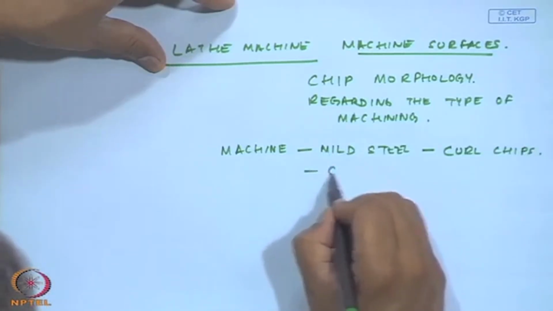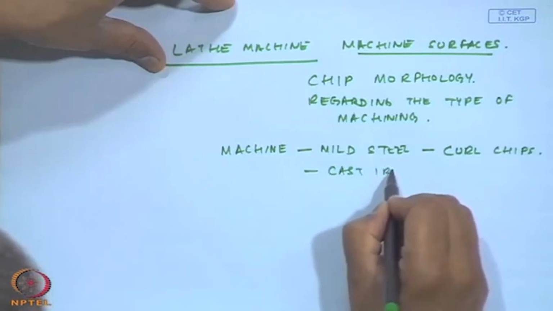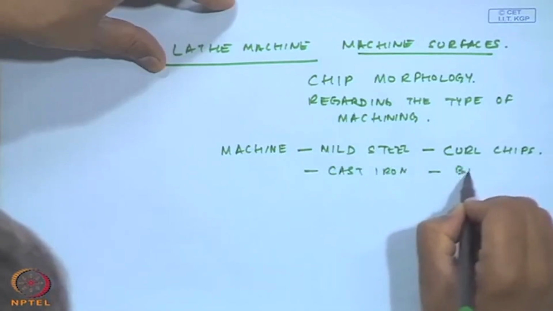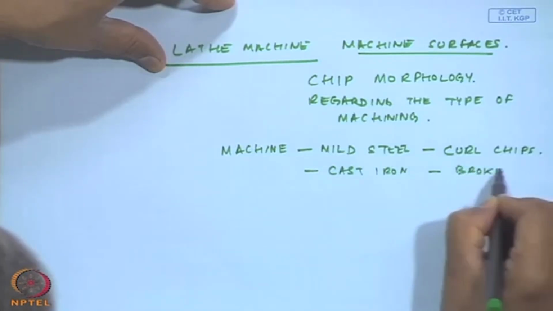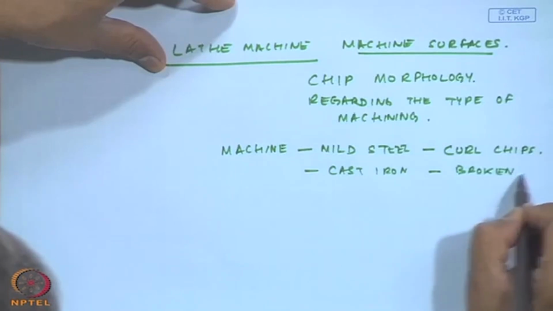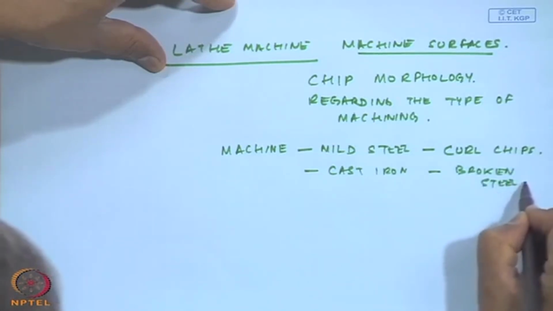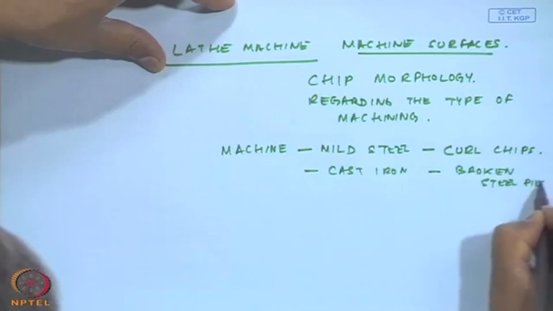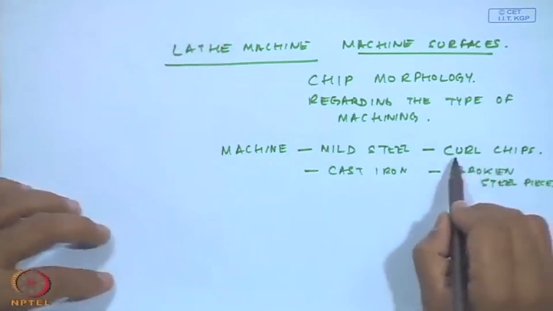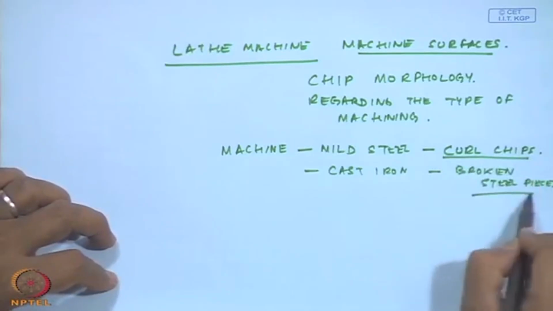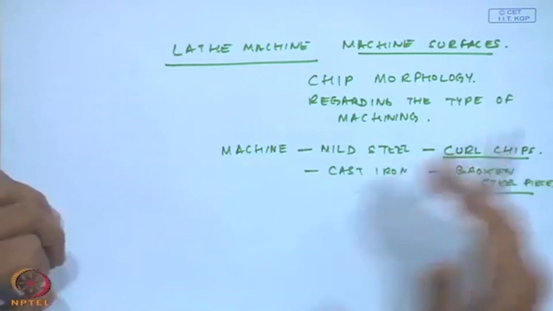Okay, when you have cast iron, you will get broken steel pieces. There is no continuous strip here, but you will get broken pieces. So, this tells us about the operation.